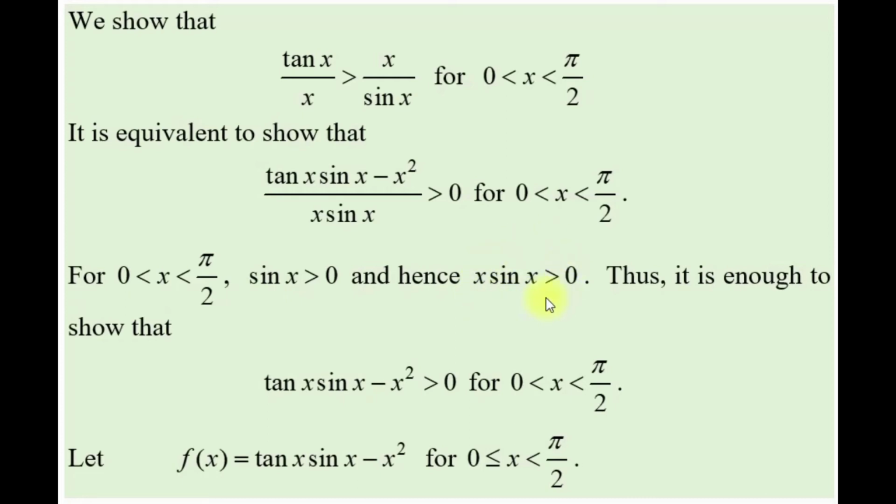So x sin x is also greater than 0 when 0 < x < π/2. So in order to prove this, it is enough to prove that tan x sin x - x² > 0 for 0 < x < π/2, because x sin x is already greater than 0. So this quotient is greater than 0. It is enough to show that this numerator is greater than 0.